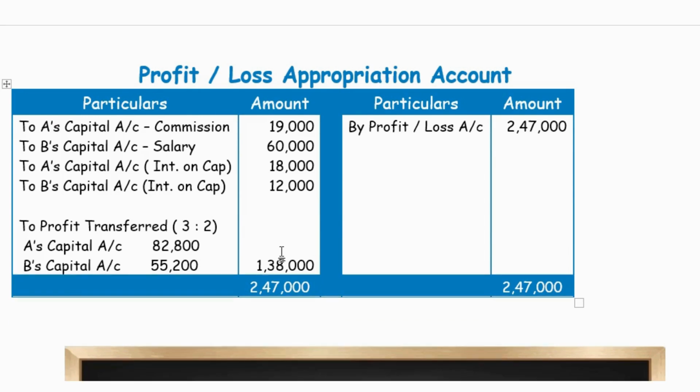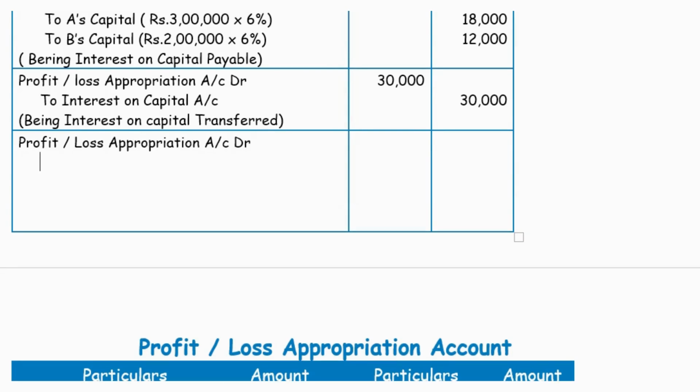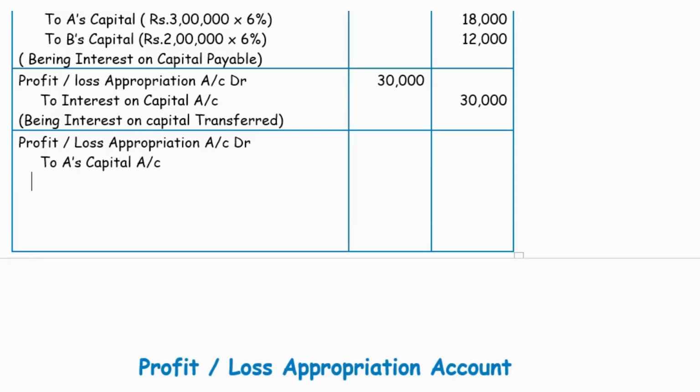So finally the available profits are distributed to the partners, and this is to be recorded in the journal. So profit or loss appropriation account debit to A's capital account and to B's capital account.